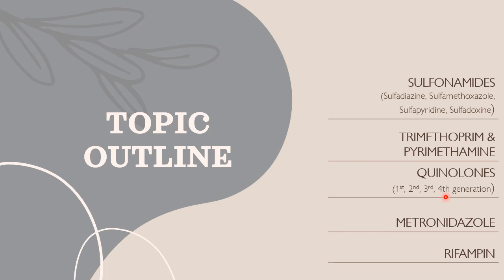Medyo madami din siya like your cephalosporin. But compared to your cephalosporin, as the generation of quinolones increases, the gram-positive activity also increases. That is in reverse to your cephalosporin, if you can still recall: as the generation increases, the gram-positive activity decreases, pero hanggang third generation lang. We will also discuss your metronidazole and your rifampin. Medyo mabilis lang to.